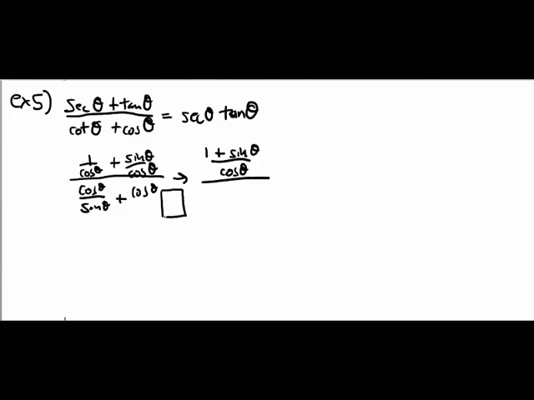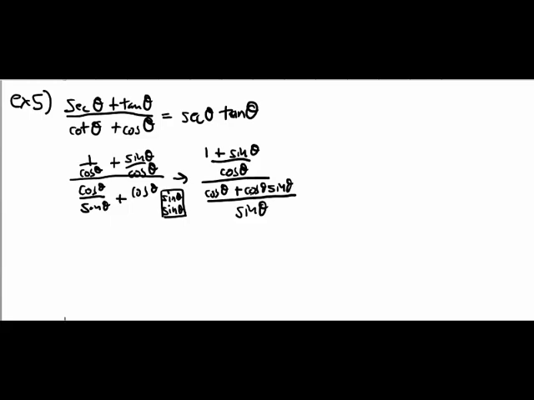So I have to get a common denominator by multiplying the top and bottom by sine theta. So multiplying this cosine by 1, I can now get cosine theta plus cosine theta sine theta. Now I have a common denominator of sine theta, and here I have my problem.